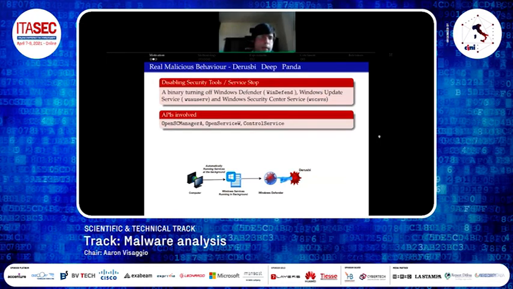And the APIs involved in such a behavior were OpenSCManagerA, OpenServiceW, and ControlService. OpenSCManagerA is an API which provides access to the service database. OpenServiceW provides access to the service itself. And ControlService sends the control code to the service.